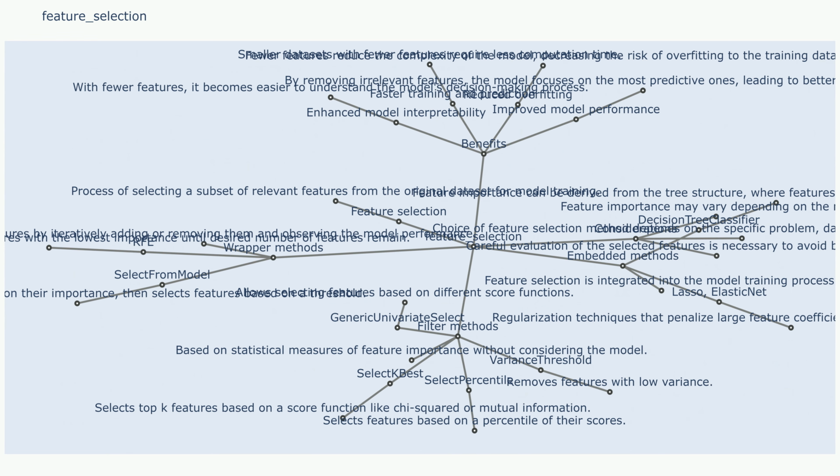Consider model interpretability: choose techniques that facilitate understanding the selected features and their impact on the model. Validate your results: evaluate the performance of the model with and without feature selection to ensure improvement. Beware of overfitting. Feature selection should be applied to the training set and not the testing set to prevent information leakage.